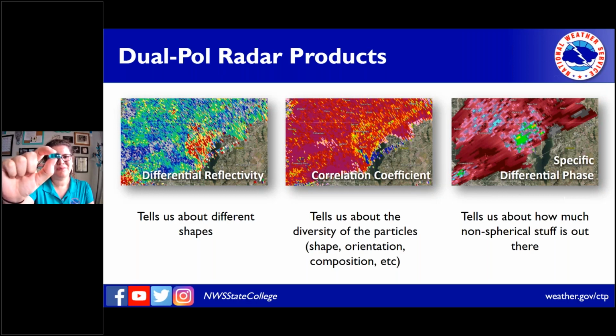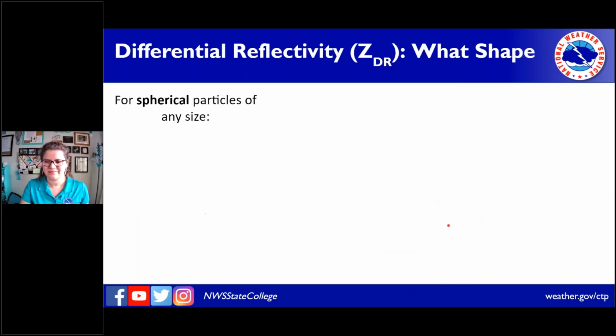So raindrops that are really large have the flat bottom and kind of a slightly rounded top. So they are not spherical, and they're not any other shape but this guy here. So when raindrops get fat, they become non-spherical and flatten out, and then our specific differential phase kind of lights up here and tells us that.